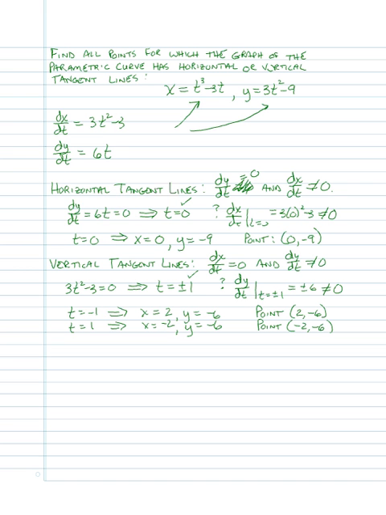Let's see if I can squeeze a little graph in here so we can actually see what we were dealing with, and then we'll complete this presentation. Okay, we've got our coordinate axes. This curve looks somewhat like this.